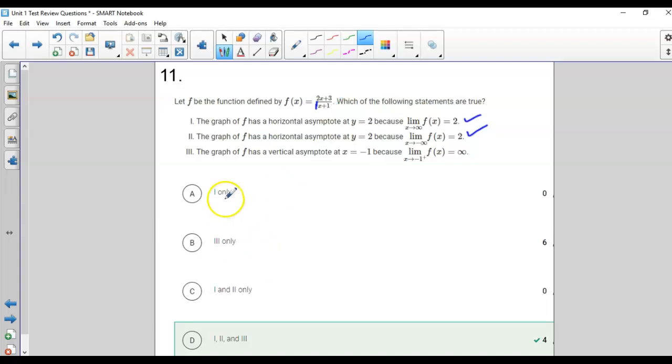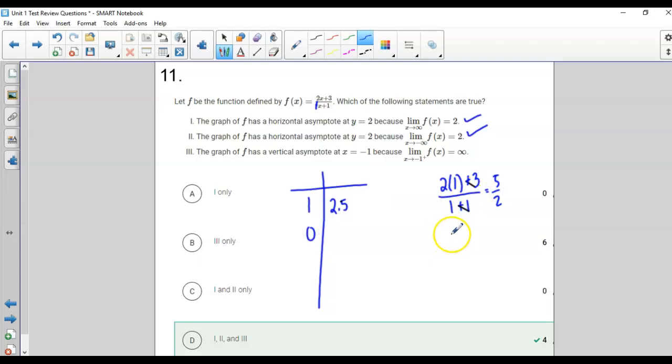What I need to know is whether or not it actually does approach positive infinity. So if I make myself a chart as I approach -1 from the right, I could start at 1, 2 times 1 plus 3 over 1 plus 1 is going to give me 5 over 2, so 2.5. If I plug in 0, I've got 2 times 0 plus 3 over 0 plus 1. And for that, I'm going to get 3 over 1, which is 3.